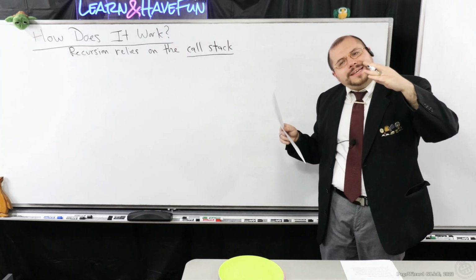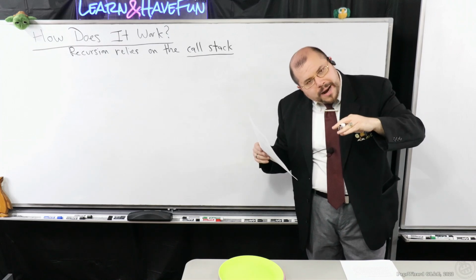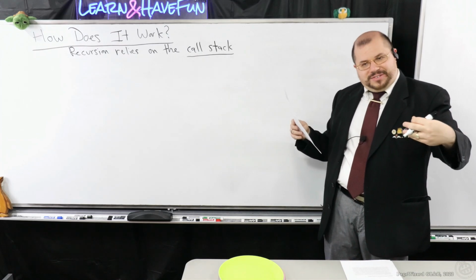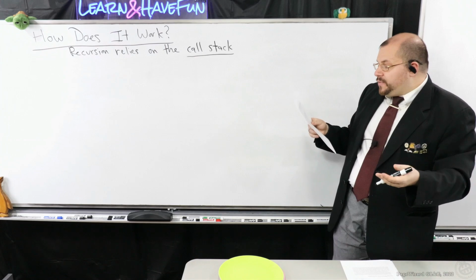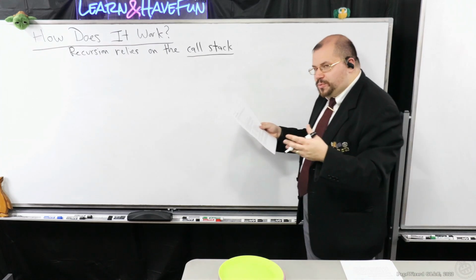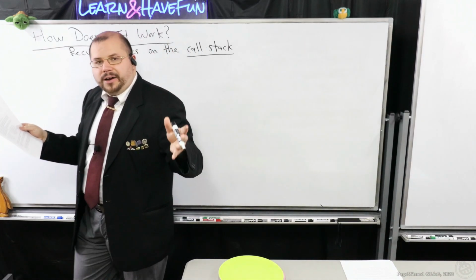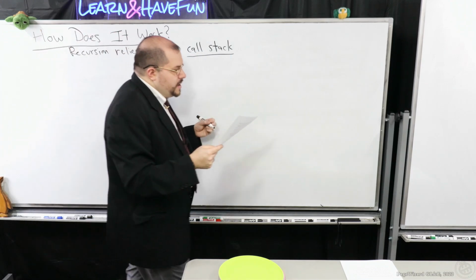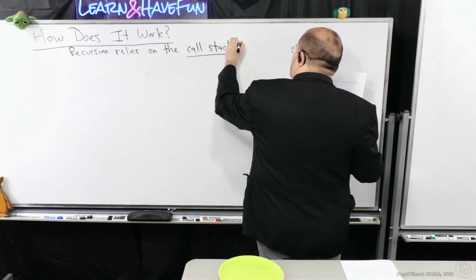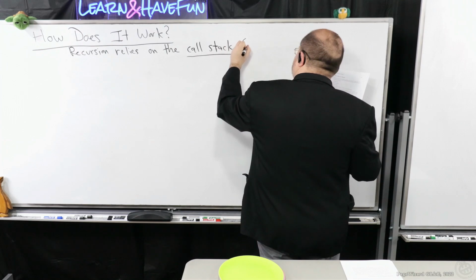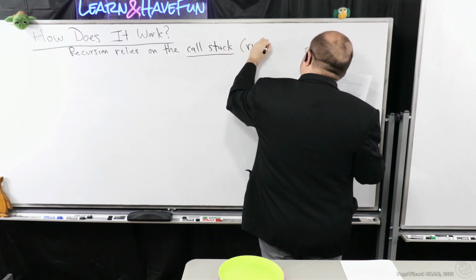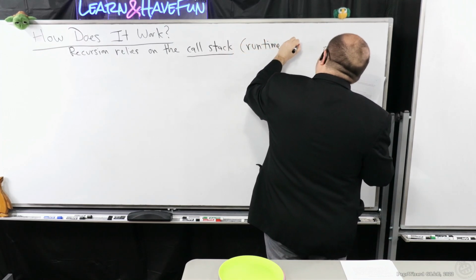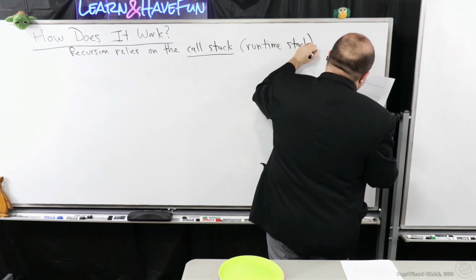I'm not going to go overly technical about all of the parameters, or activation records or stack frames or call frames, what they would look like. I'm just going to keep it higher level here. This is sometimes also called the runtime stack. And you might ask, Dan, what the heck is this thing?